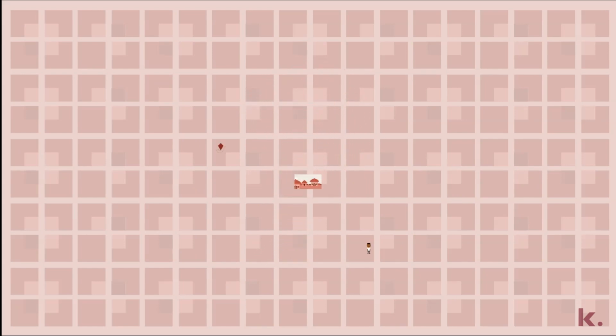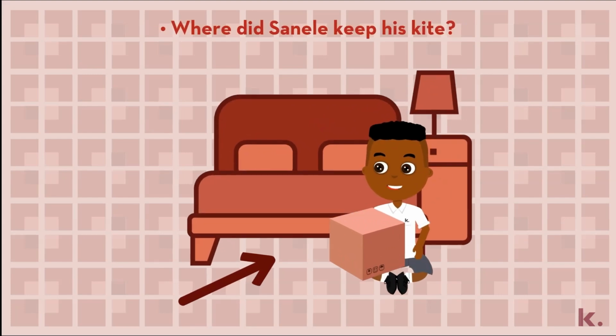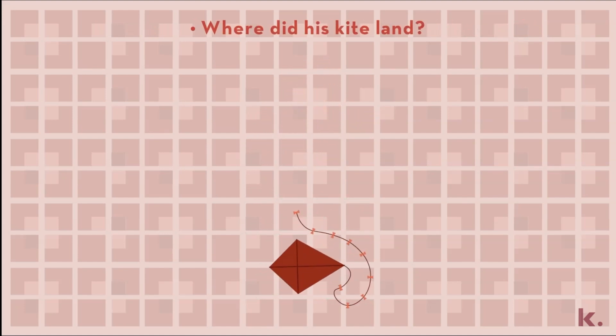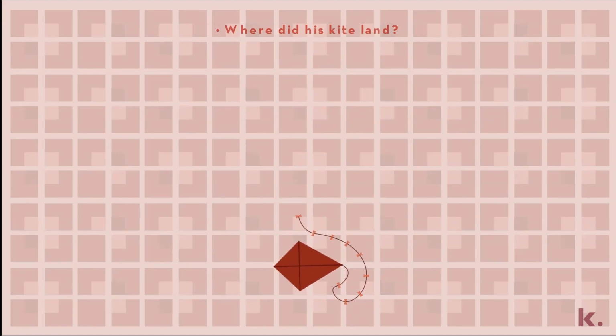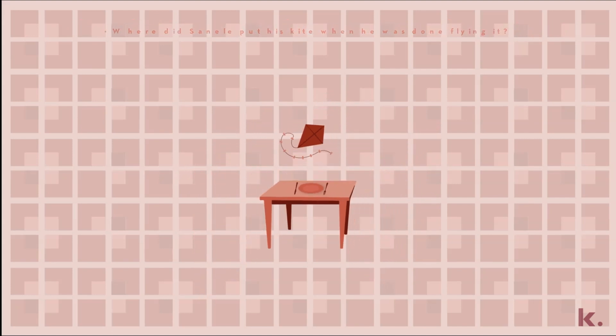Pose the following questions to the children. Where was Sanele playing? Where did Sanele keep his kite? How do you know that Sanele's kite was flying high? Where did his kite land? Where did Sanele put his kite when he was done flying it?